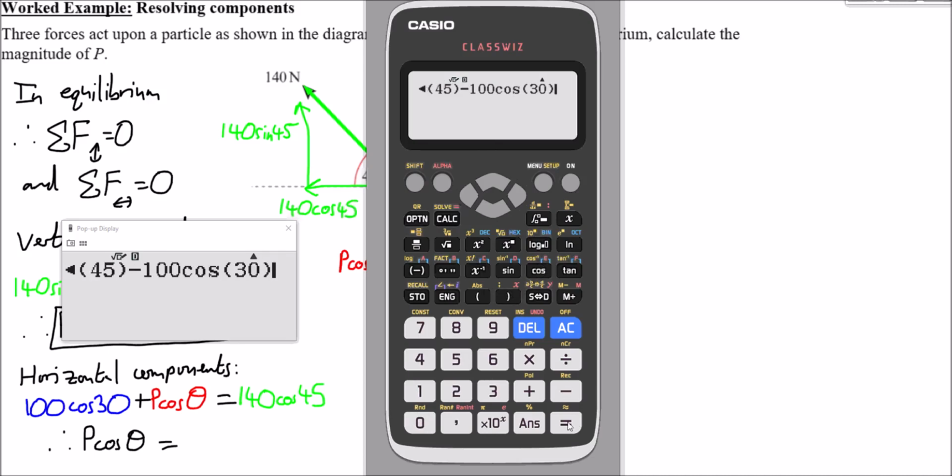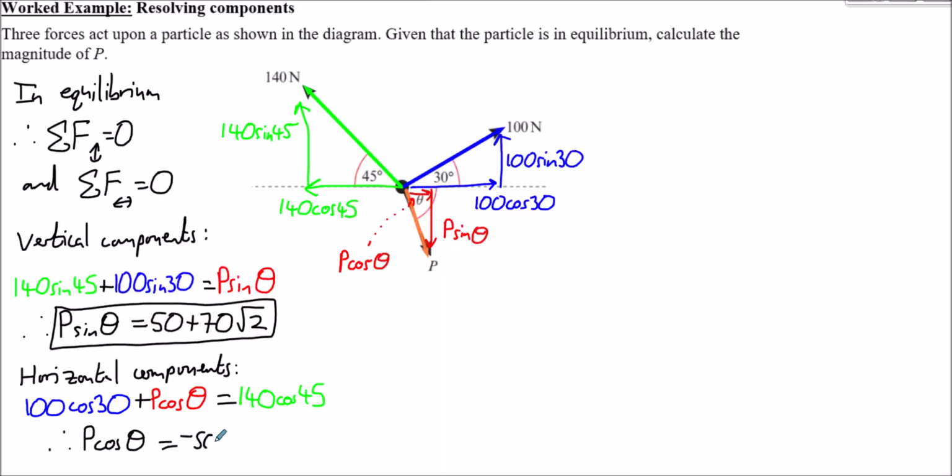Let's see what that is. We get this awful looking thing here, minus 50 root 3 plus 70 root 2. Box that one off as well.